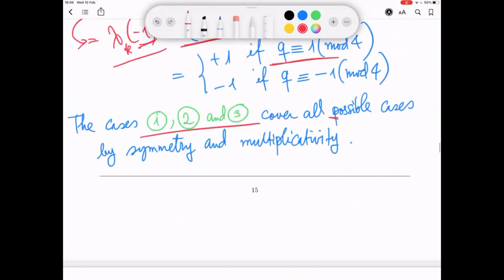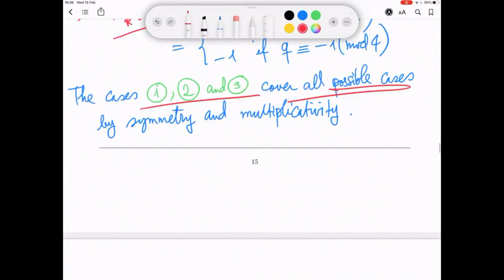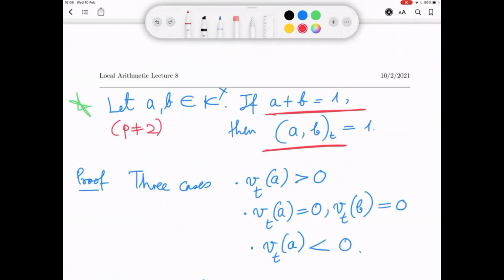So here is now the important property which has the name of Steinberg attached to it. It says that if A and B are two elements of K star, they don't have to be units, they have to be any non-zero elements of K, if their sum is equal to 1, then this (A, B)_T is equal to 1.